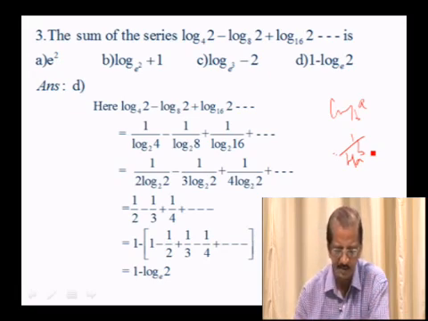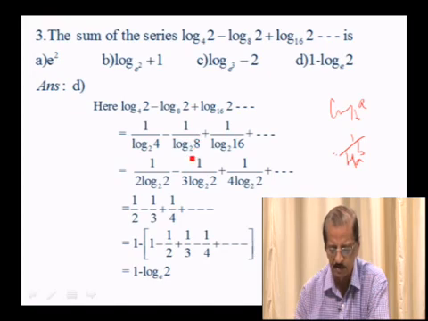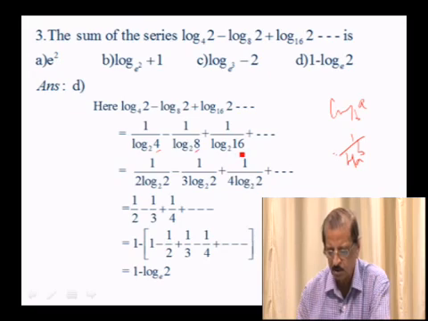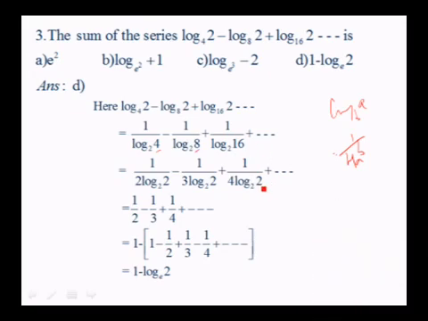So I write the first term as 1 over log 4 to the base 2, the second term as 1 over log 8 to the base 2, third term as 1 over log 16 to the base 2 etc. But log 4 to the base 2 is log 2 square to the base 2, which can be written as 2 log 2. This is log 2 cube to the base 2, which can be written as 3 log 2. This is log 16, that is log 2 to the power of 4 to the base 2, 4 log 2 to the base 2. But log a to the base a is always 1. So log 2 to the base 2 is 1 each time.